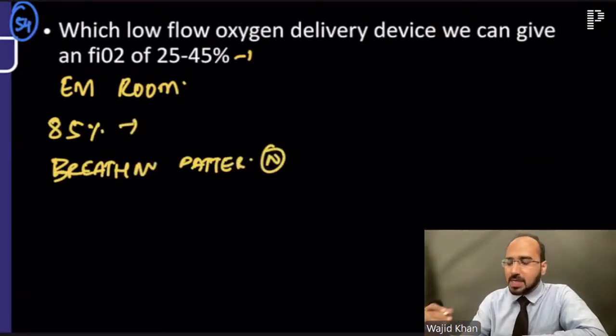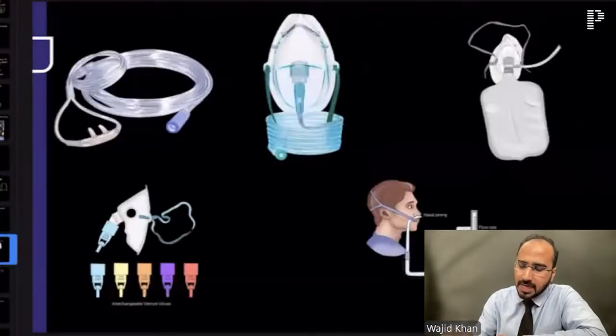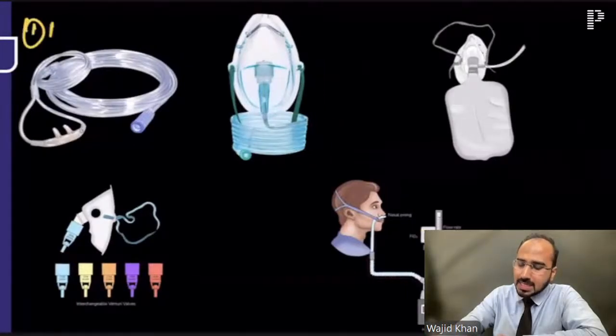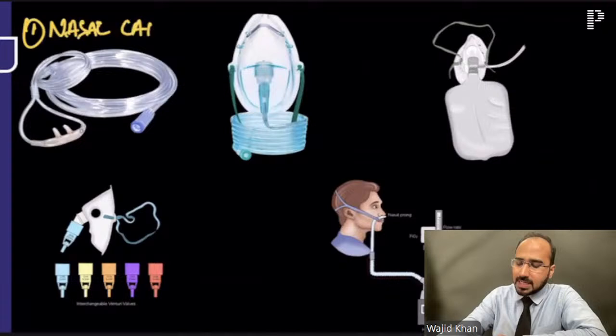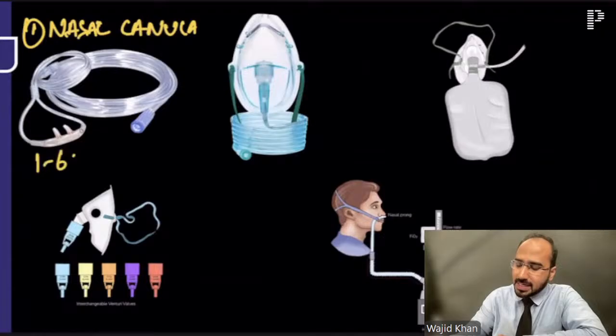When I see this patient, I first apply a low flow oxygen device. What is the first low flow oxygen device I apply? That is the nasal prongs. I apply the nasal cannula. Why? Because with a nasal cannula, I can give 1 to 6 liters of oxygen that will supply 25 to 45% of FiO2.